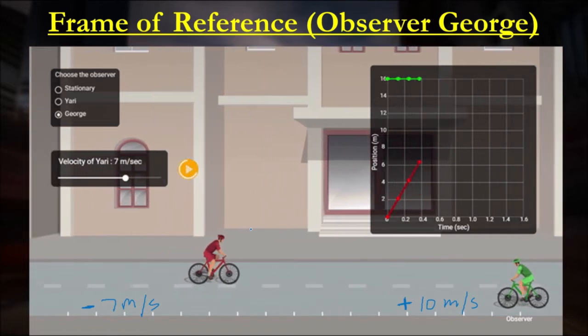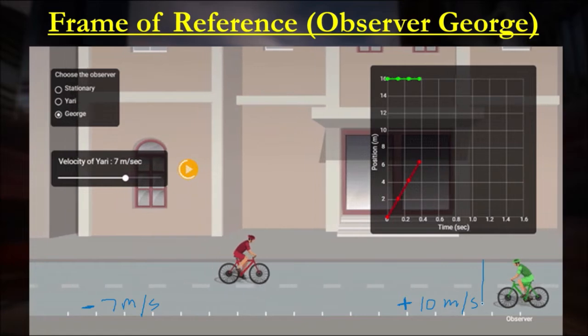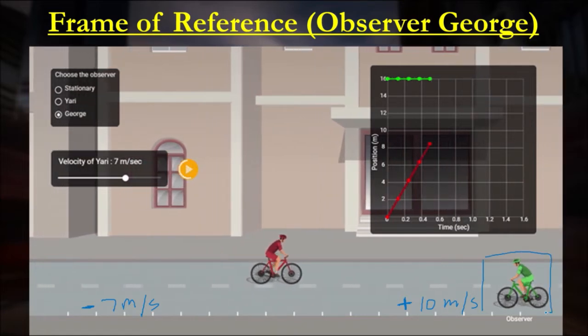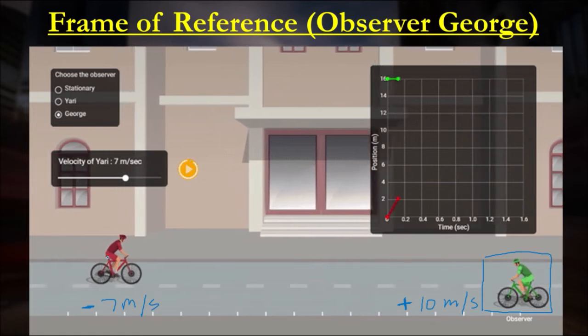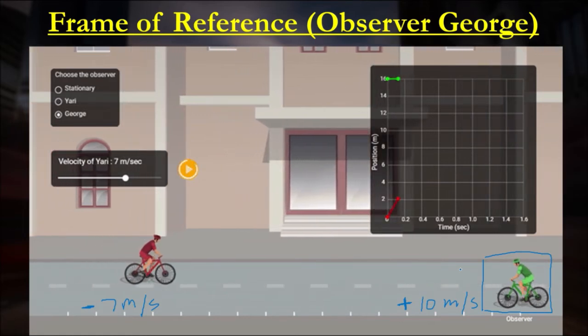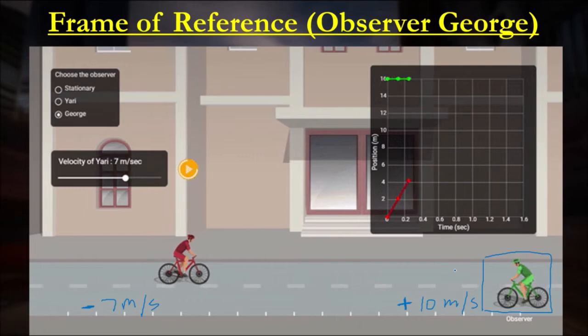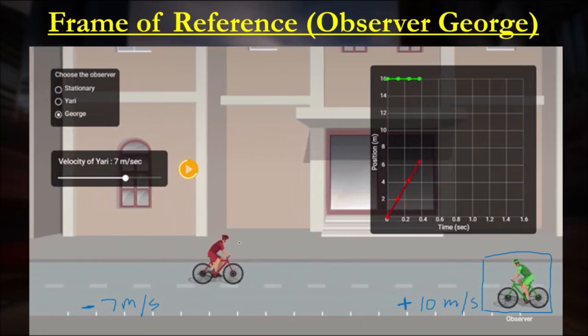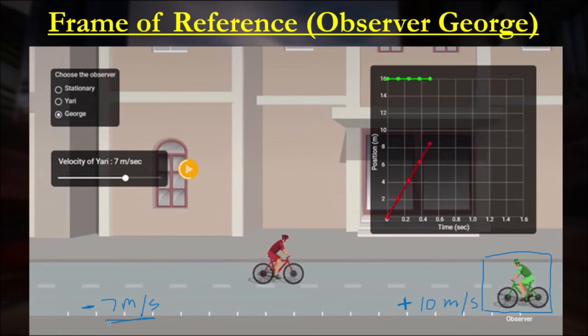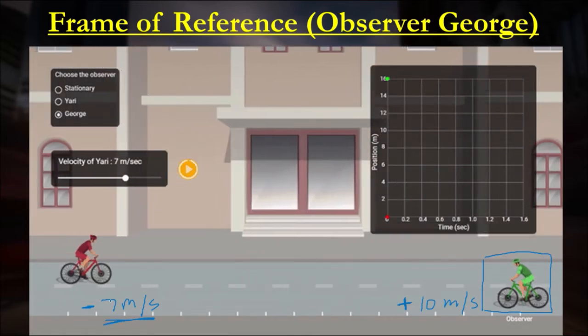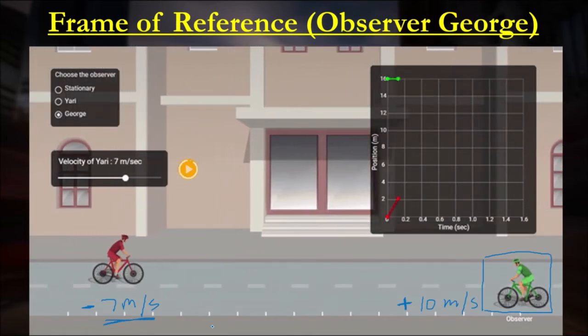However, if we then use George as the observer and we ask the question, what is Yari's velocity relative to George? Okay, so we can clearly see he's moving a lot faster. So he's clearly moving at a speed higher or velocity higher than -7.